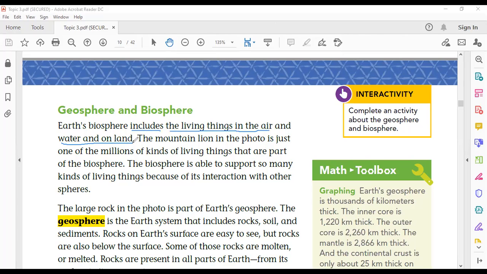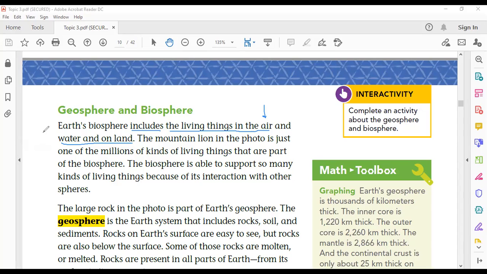Most living things are found on land, but are there living things in the air? Of course there are. Many bacteria. Air is full of microorganisms, tiny organisms like bacteria. So living things can be found in air.